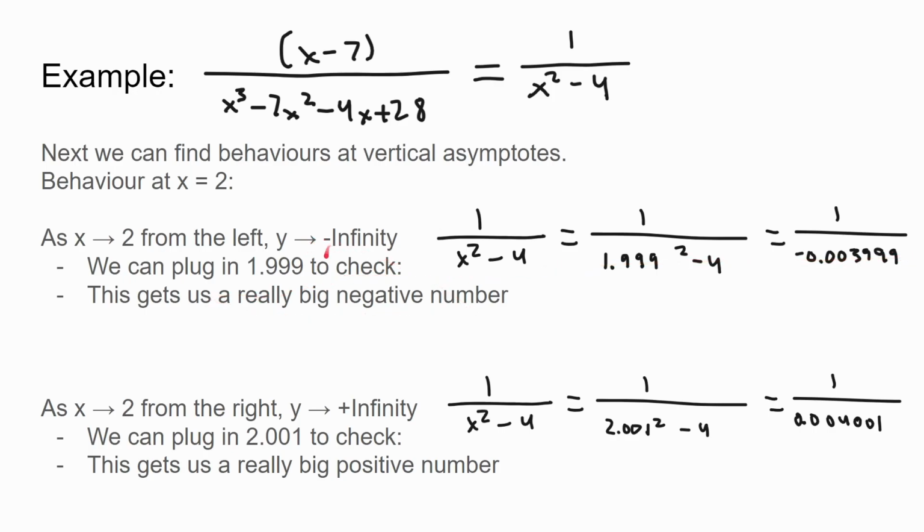So y is approaching negative infinity. And we can do the same thing for x approaching 2 from the right. And in this case, y is approaching positive infinity because if we plug in 2.001 to check, we get 1 over 0.004001, which gets us a really big positive number. So really big positive means it's going to positive infinity.